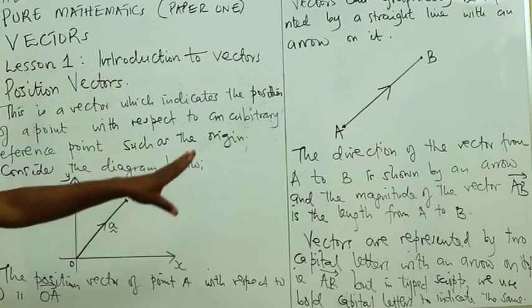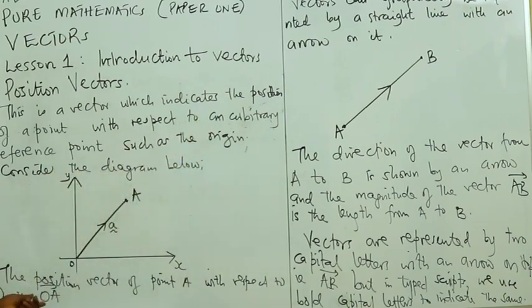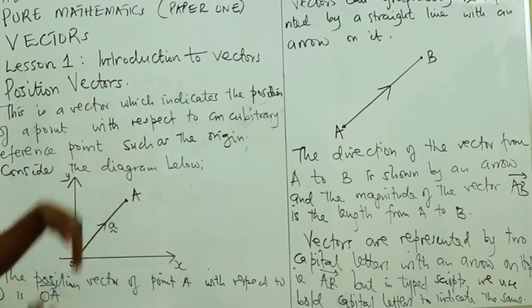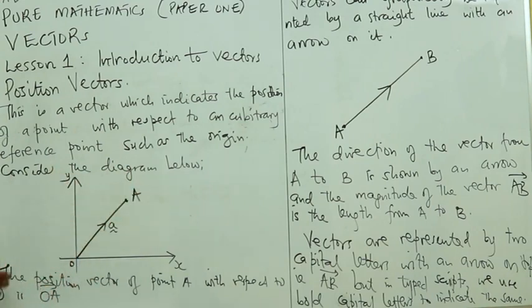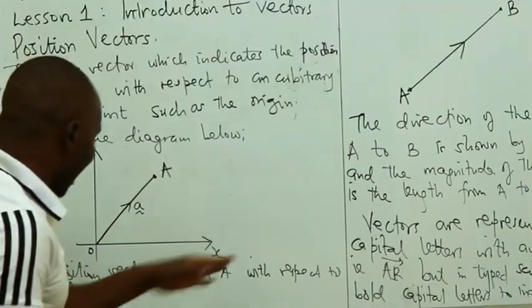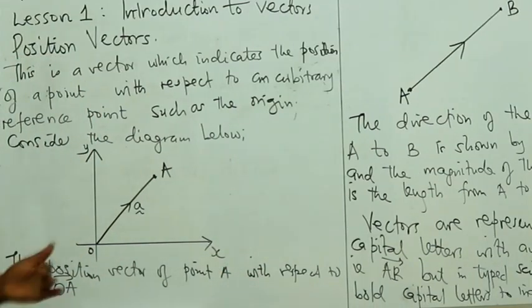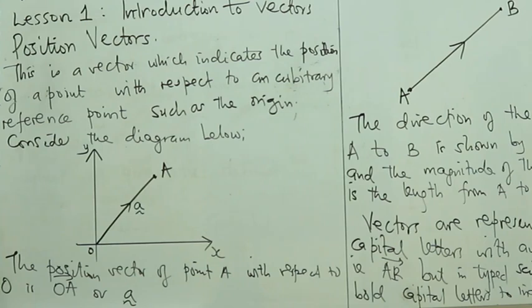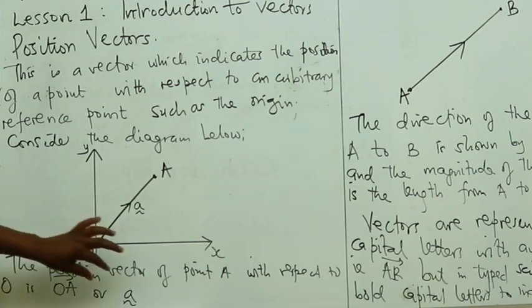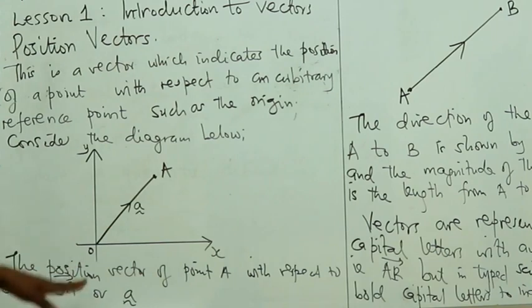And based on what we've talked about there under representation, two capital letters, that is the O, which is the origin, with the A. Now, I'm bringing in the issue of small letters because I said I would bring in small letters. So the position vector of point A is OA, O, small a, sorry, with a symbol underneath or below it.